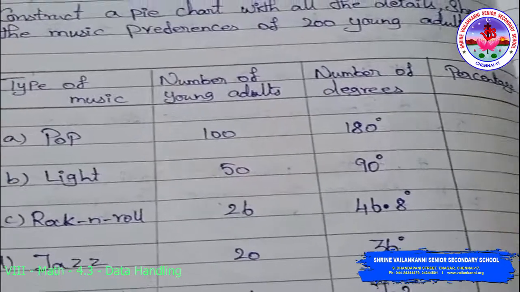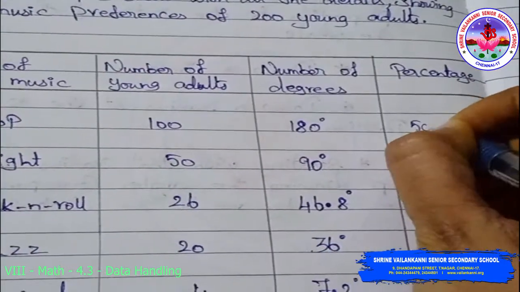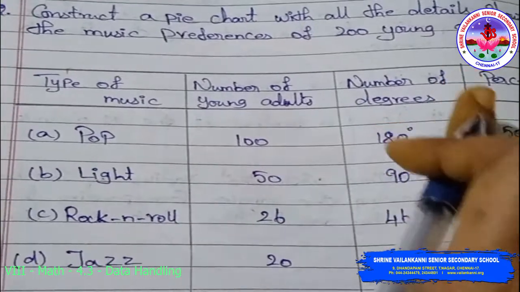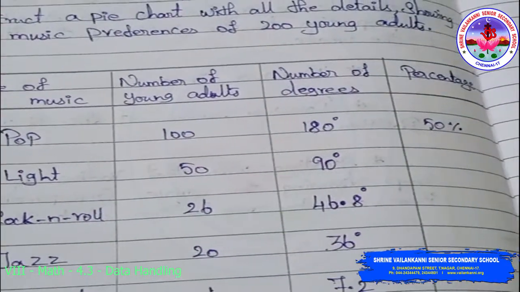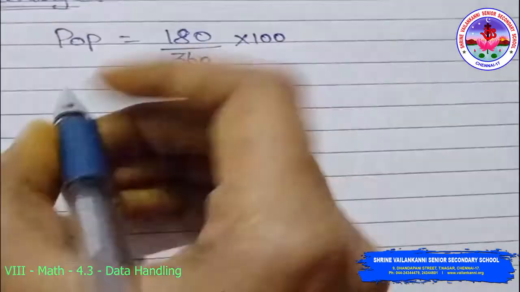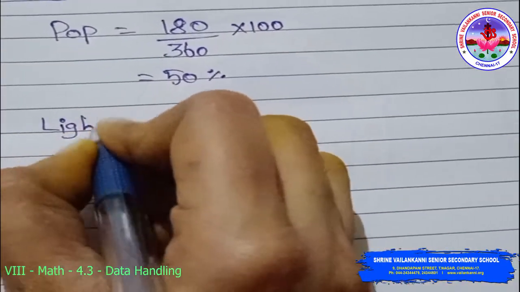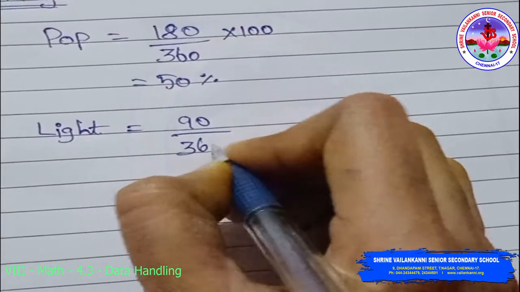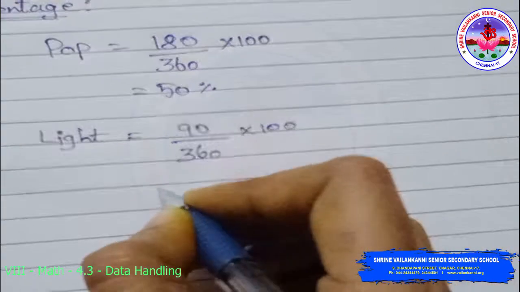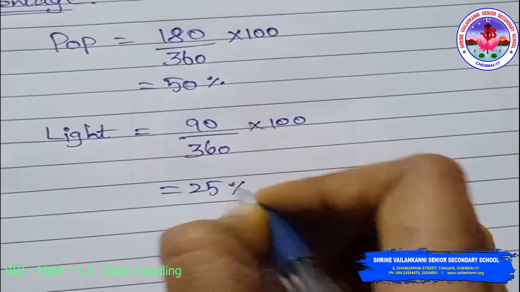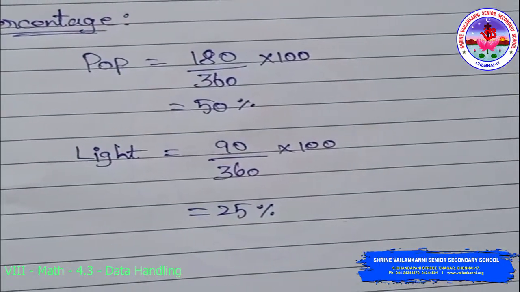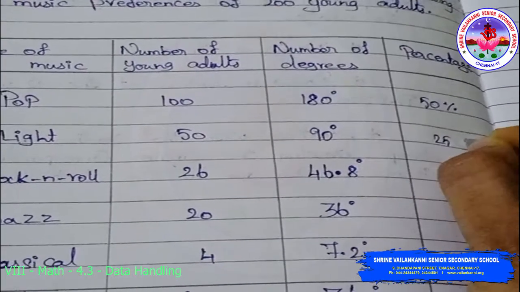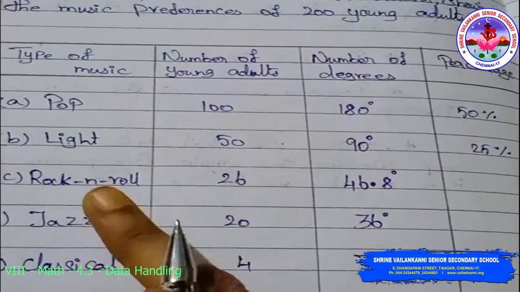The pop percentage is 50%. The next one is light. Light, the number of degrees is 90 degrees. Light is equal to 90 divided by 360, times 100, is equal to 25%. The light percentage is 25%.